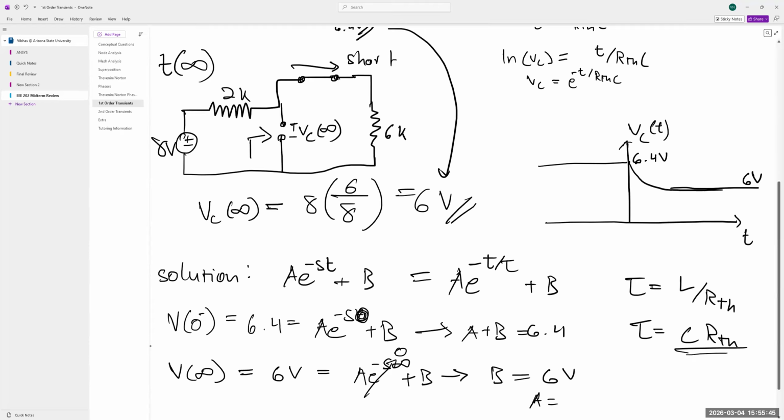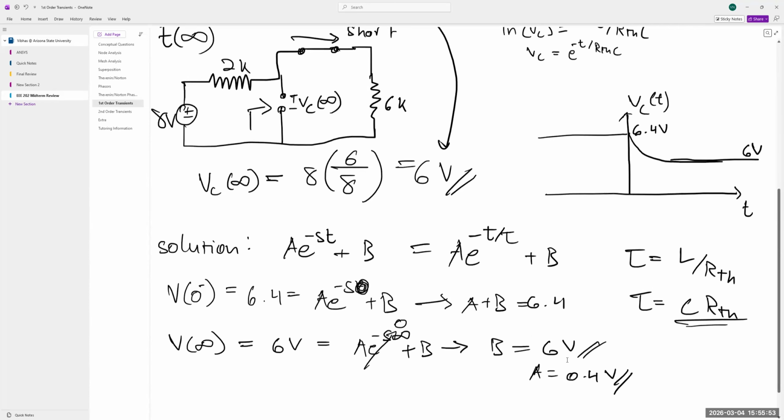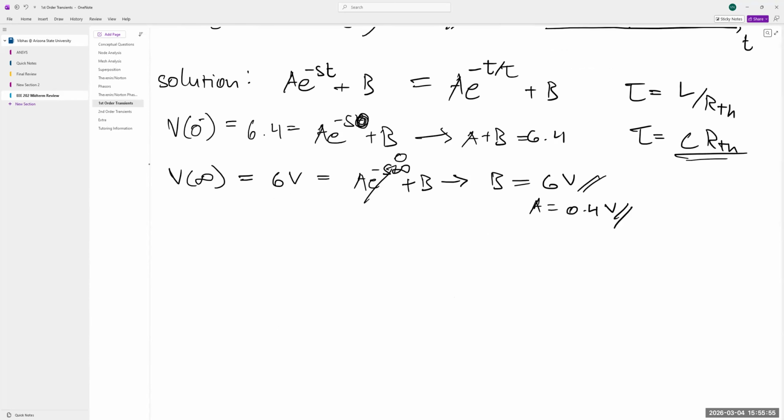So what is a equal to? a is equal to the difference between 6.4 and b, so it's going to be 0.4 volts. So we know our constants, right? All we need to find is tau now. So we know the solution is 6 plus 0.4 e to the power minus t over tau.